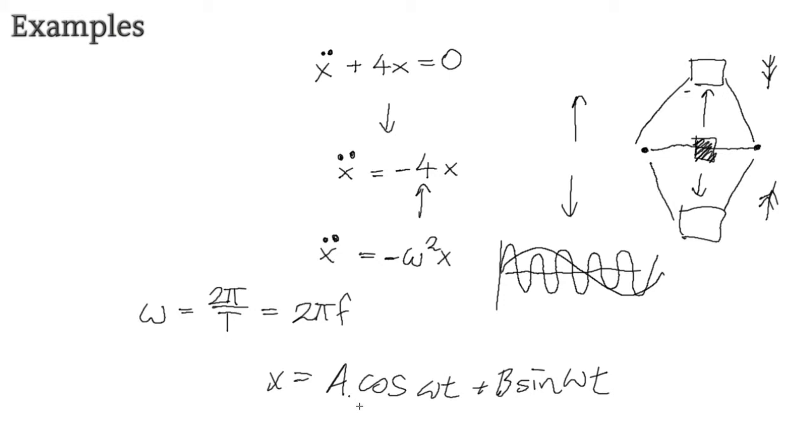So if you want to find the maximum amplitude for a simple harmonic motion with a strange solution like this, then you can give your equation a remake into a compound angle, and so you'll get something along the lines of r cos or sine of omega t take alpha or something.